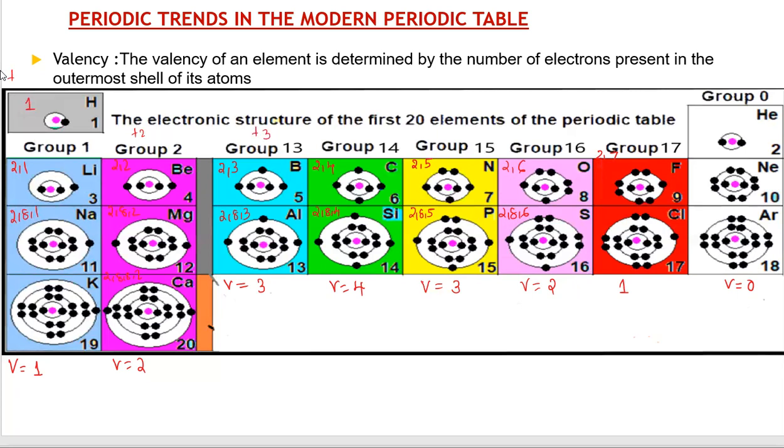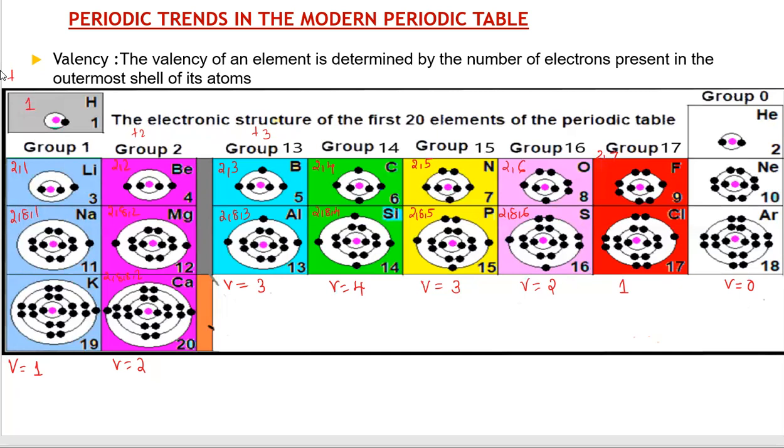So here, first, second, and third group, the 13th group. Boron and aluminium belong to the 13th group. If up to 3 electrons are there in the outermost shell, it is easy to lose those electrons, and they will become positively charged cations and stable.